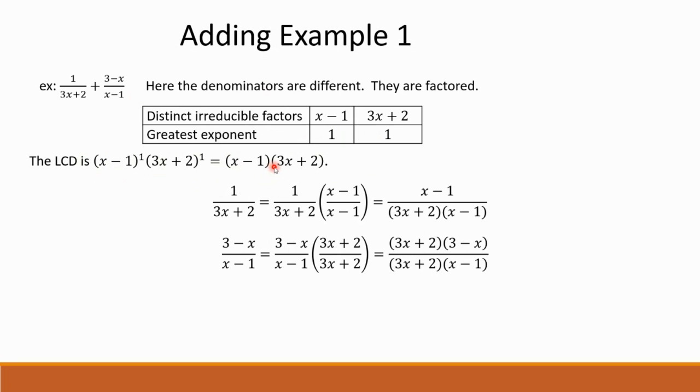Now, we have to manipulate each of these expressions so that the denominators are the same. For the first one, we want the denominator to be the LCD. So what are we missing? Well, we're missing x minus 1.